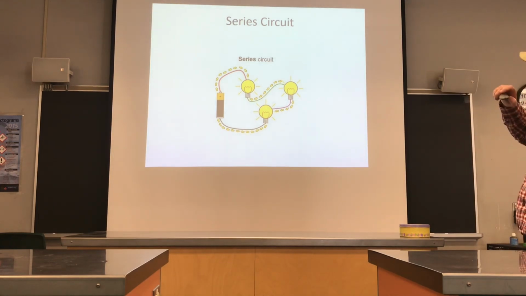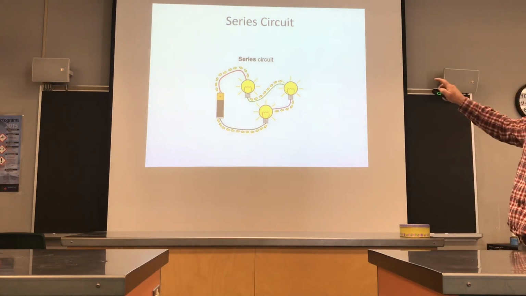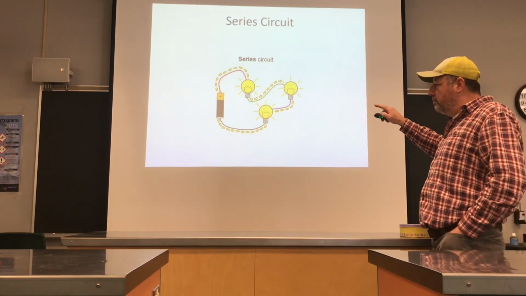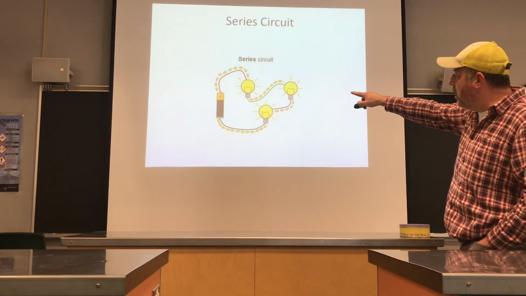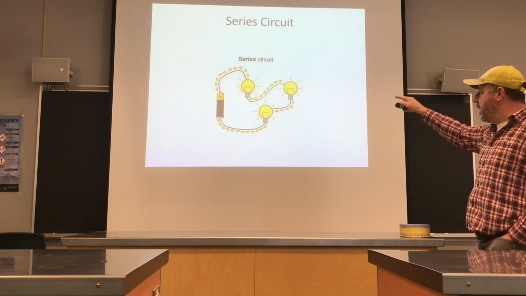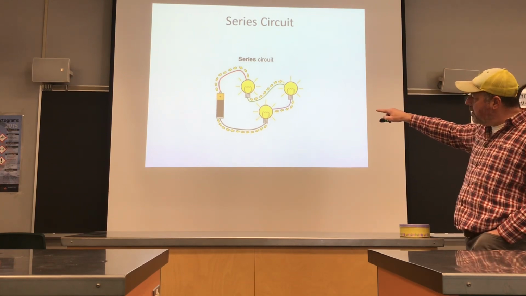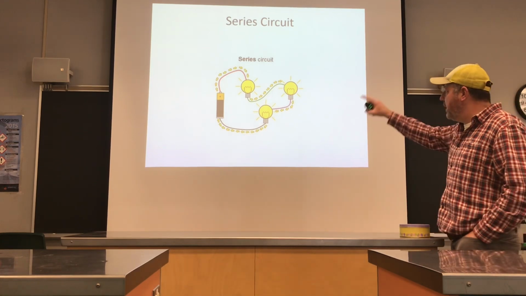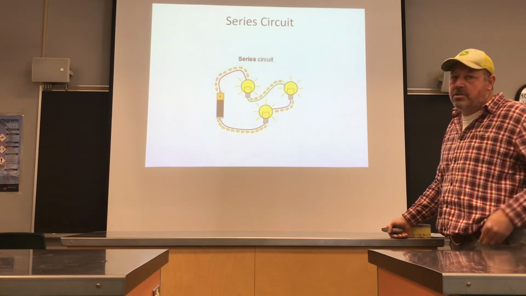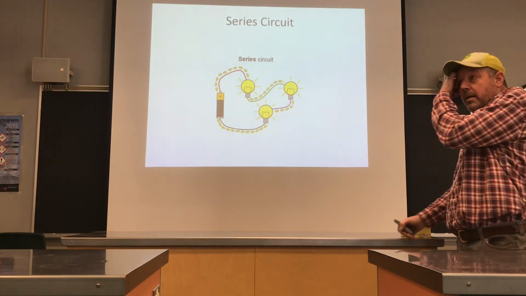Here's an example of a series circuit. Power leaves the positive, goes through each light, back to negative. If we want to calculate the voltage drops, we add each of them together, and that gives us our voltage drop for the circuit.